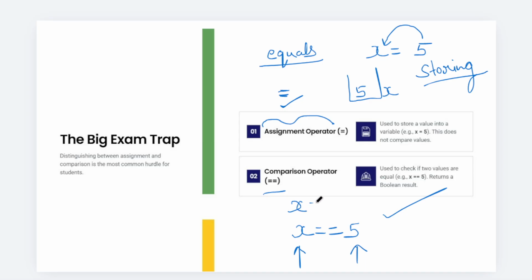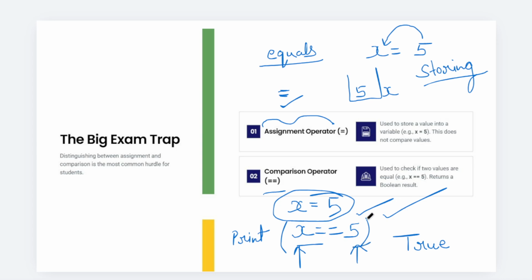The value of x is 4, or if I say the value of x is 5, and you try to print this particular statement, it will return true. Why will it return true? Because it's correct, isn't it? My x value is 5 and I'm saying x equals equals 5, meaning I'm comparing the right value with the left one. Got it?